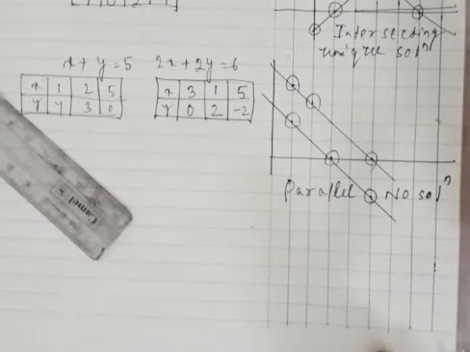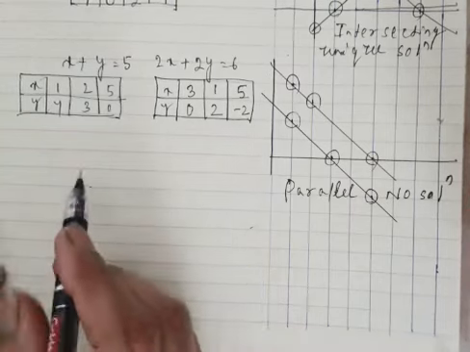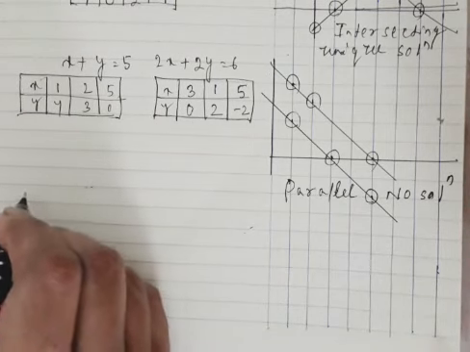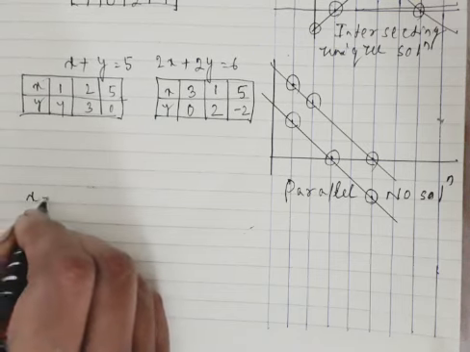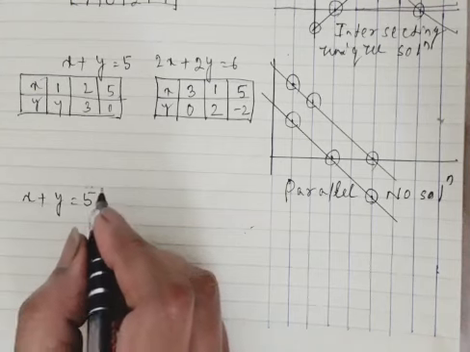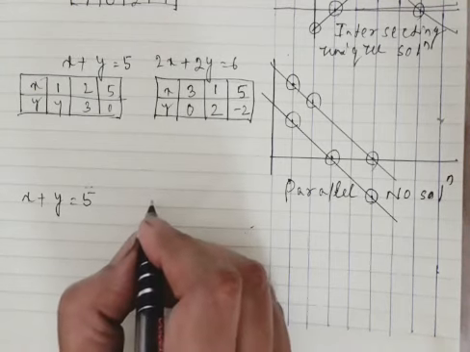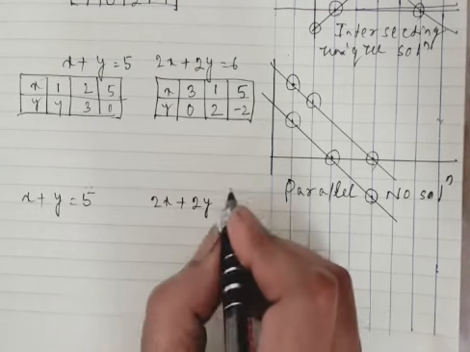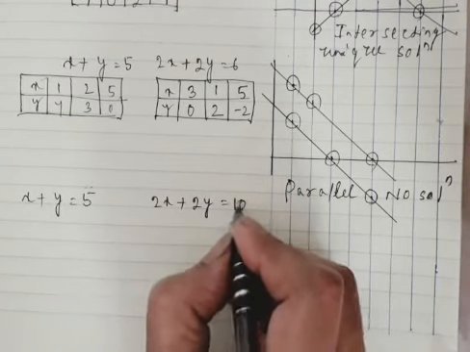So I am taking again another pair of linear equations. Every time I am taking the first one the same, so that it will be easy for you to understand. And the second one is 2x + 2y = 10, suppose.